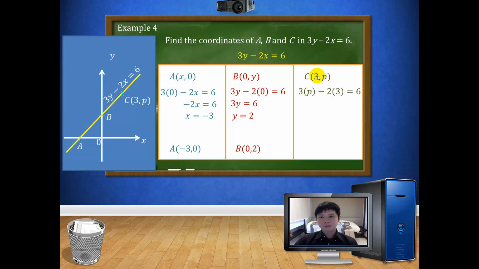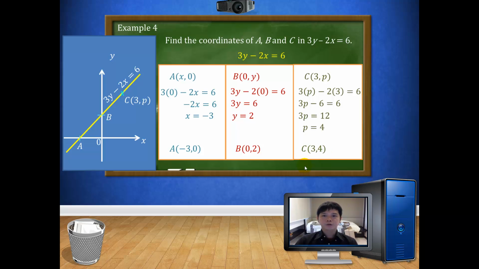Now do remember to substitute in the correct values for x and for y at the correct place. Simplifying, we will get 3p minus 6 equals 6. Adding 6 on both sides, we will have 3p equals 12. And finally, we will get p equals 4 by dividing both sides by 3. And the coordinates of point C will be 3, 4, as shown here.